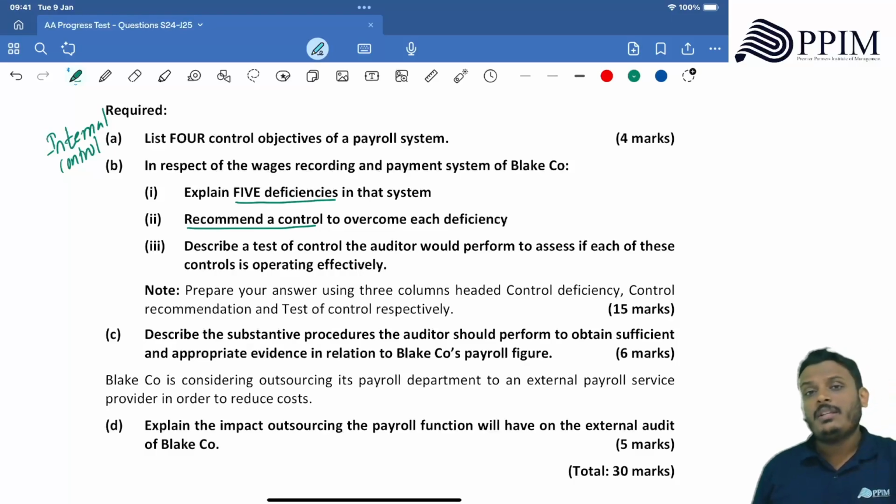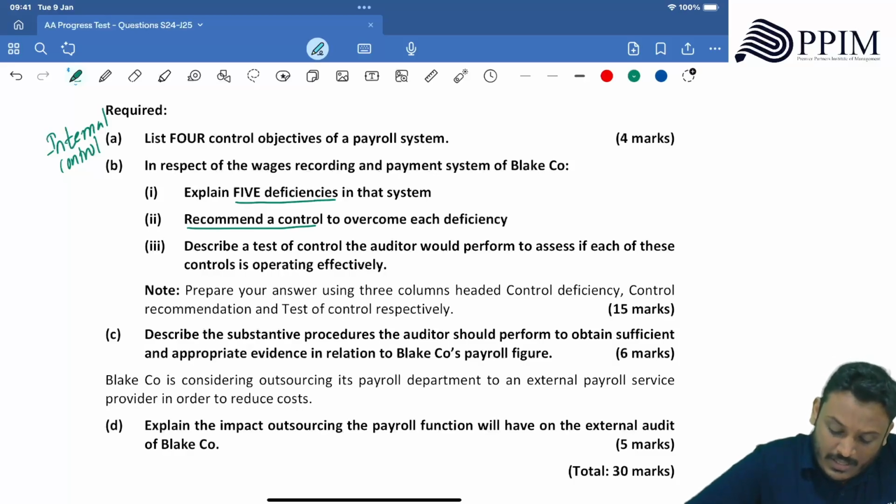Control deficiency means control activity not met control objective. But recommendation means we should recommend a control to resolve that particular deficiency, which means control activity met control objective, a sound, effective control.